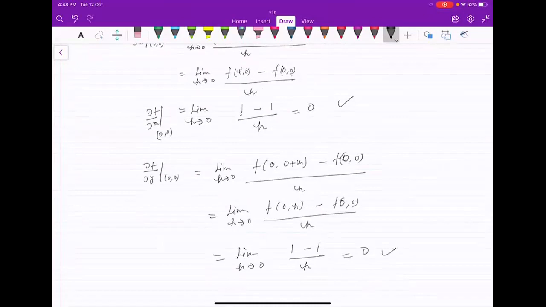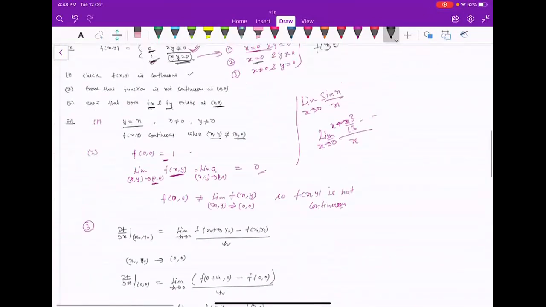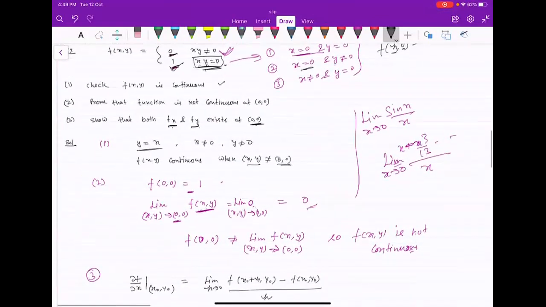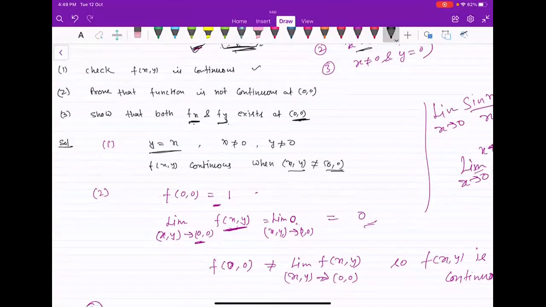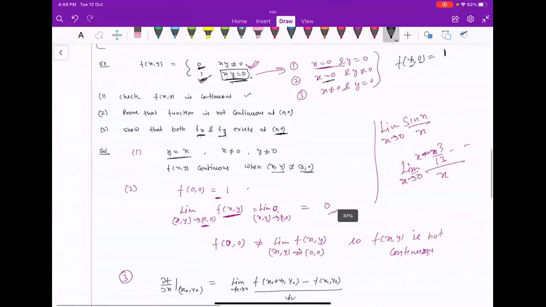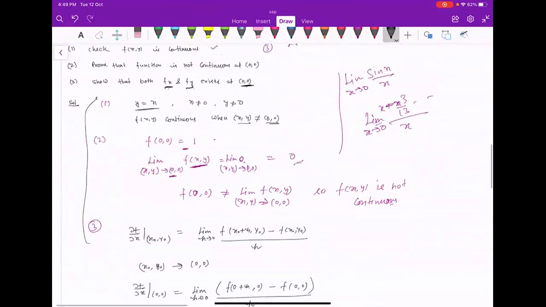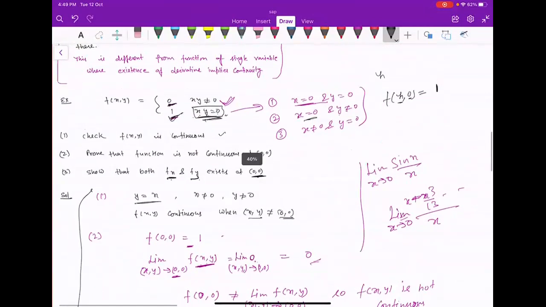So in this case, the third part of the question, show that both fx and fy exist at 0, 0. The limit is finite, so the limit does exist, but the function is not continuous. Understand? This is the best example of this case.